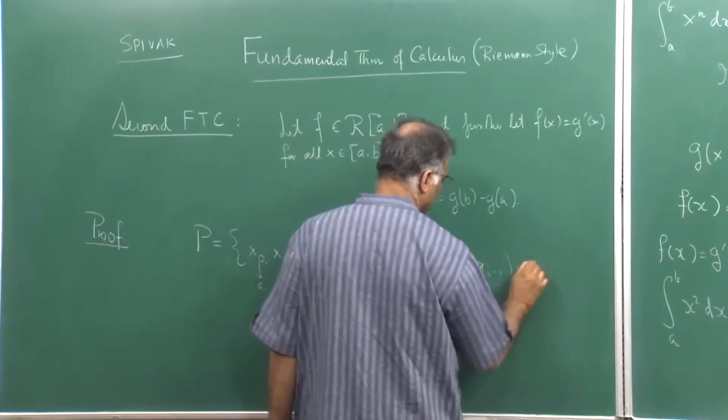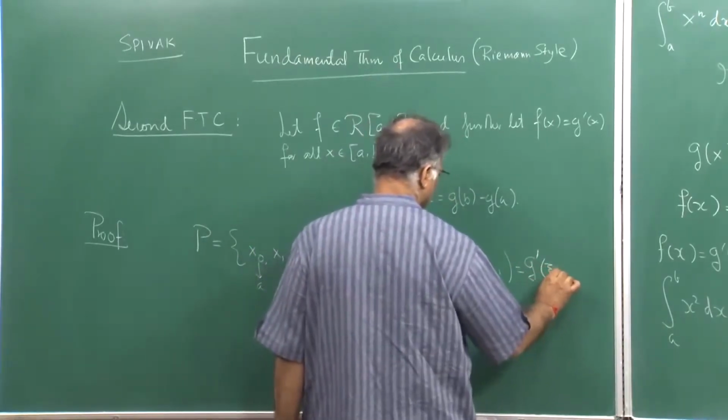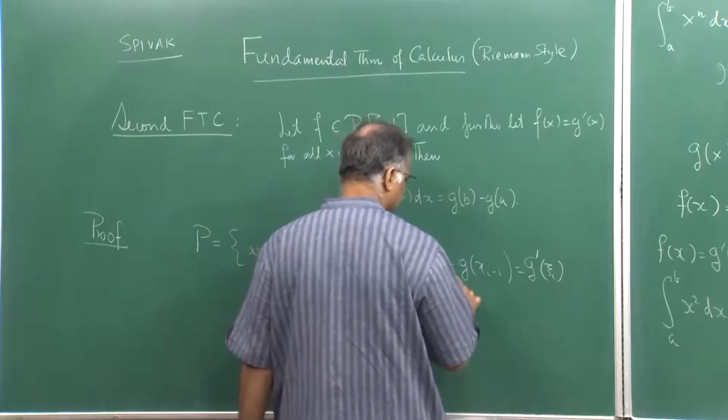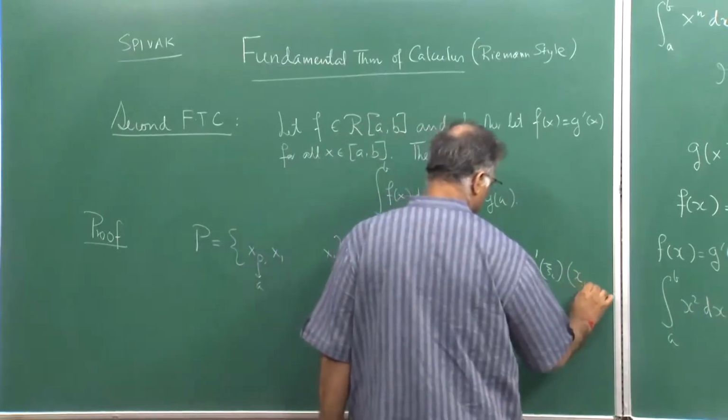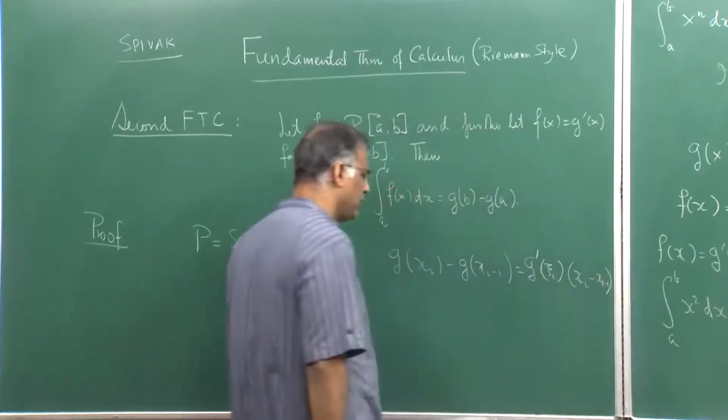Because G is differentiable, there is some xi_i lying strictly between x_i and x_{i-1}. This is nothing but the mean value theorem of Lagrange that we have applied.